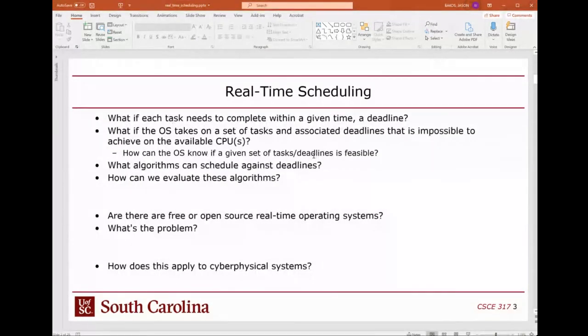That's the problem. But what if a task or a set of tasks needs to complete by a certain time, which in real-time scheduling is referred to as a deadline?